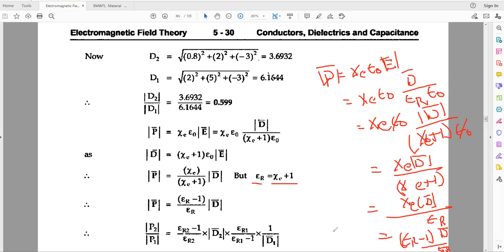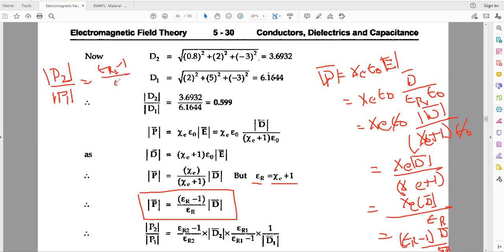Now there is a function we got for P bar in terms of D. They are asking for the ratio of the polarization magnitudes P2 by P1. What is the P we got? Epsilon R minus 1 by epsilon R, means epsilon R2 minus 1 by epsilon R2 into D bar magnitude, whole divided by epsilon R1 minus 1 by epsilon R1 into D magnitude.